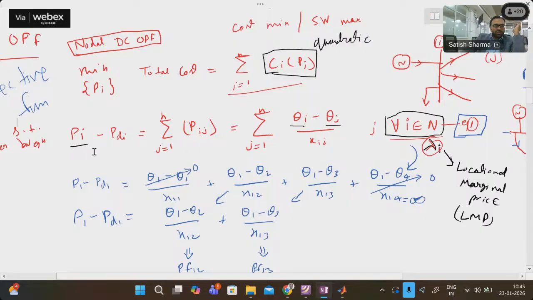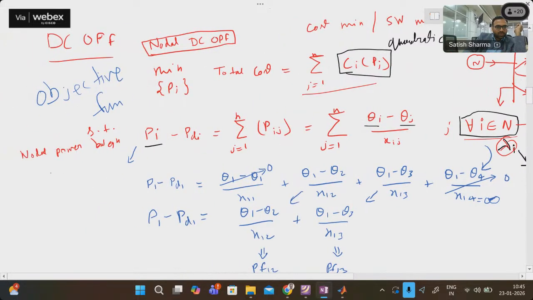So I will make it the summation over j equals 1 to n of Pd minus Pg plus Pij, and this equals 0.